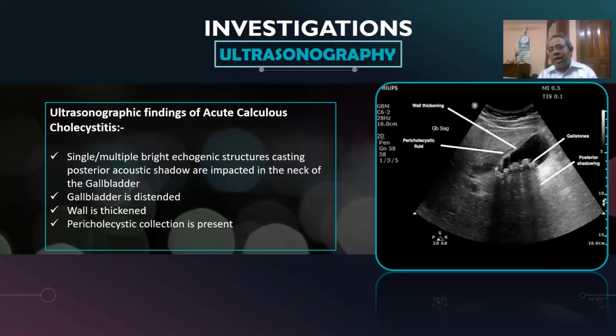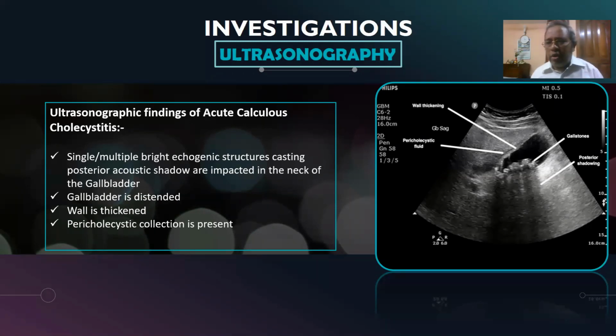It could be gallbladder sludge. How can you differentiate? Same thing, you just change the posture. If you change the posture, the echogenic structure moves from one area to another because the sludge floats within the gallbladder. But in case of a polyp, it is attached to the wall, so it is at a fixed point. So if there is no acoustic shadow and the echogenic structure changes with posture, your diagnosis is gallbladder sludge.